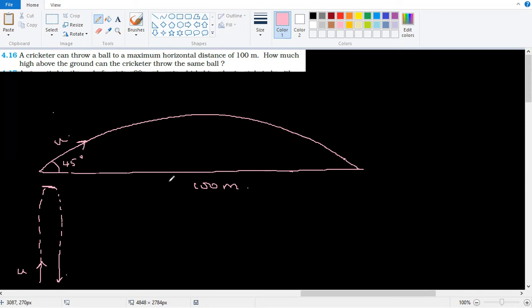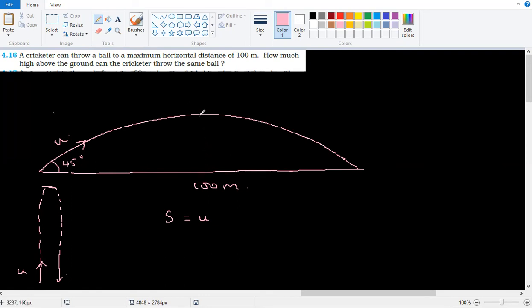So try it yourself. Which method will you use here? So U, again the same story. S is equal to ut plus, but I don't know the t. So t, you have to calculate using this one. If you remember the formulas, you can do that.